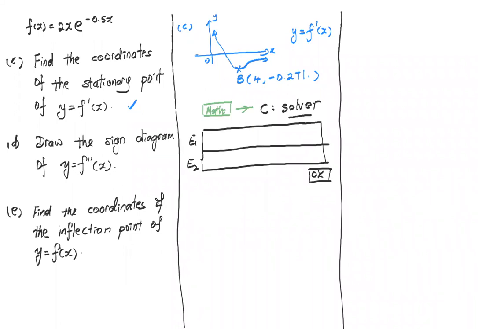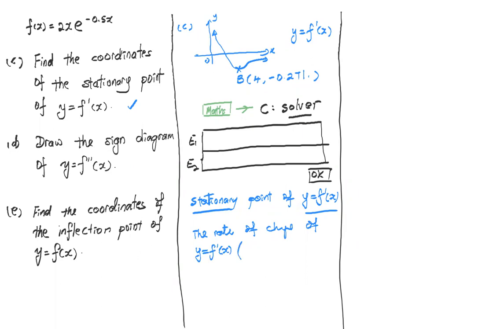Okay, I read this stationary point. To me, stationary point of this means that the rate of change of y equal to f prime x.